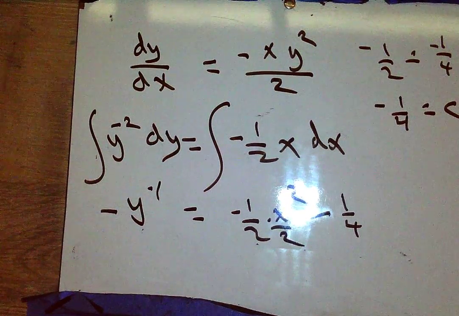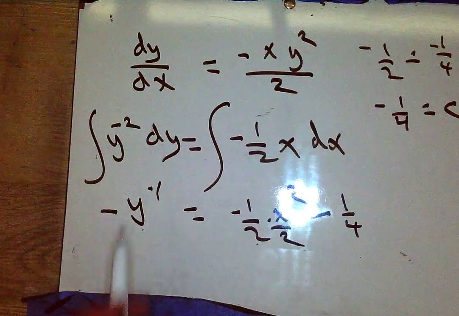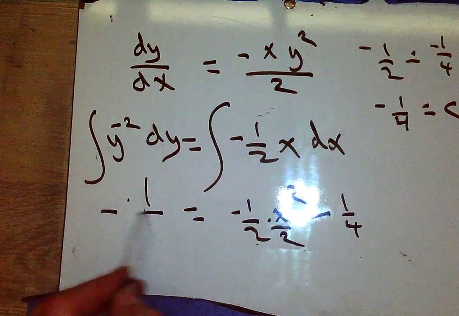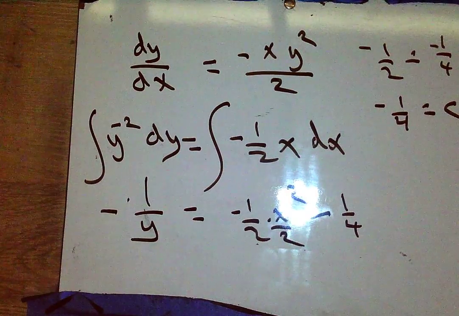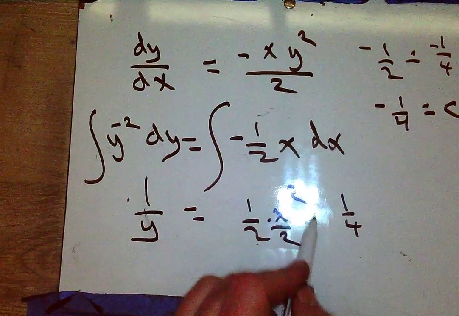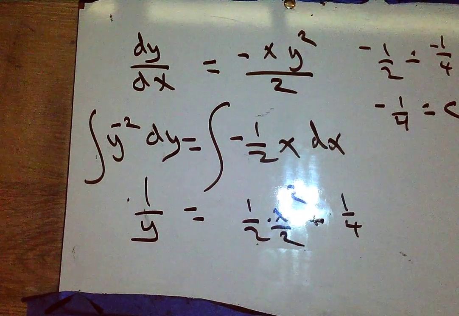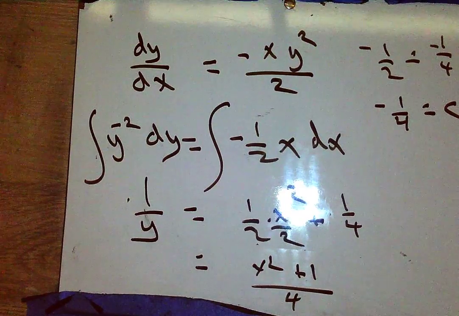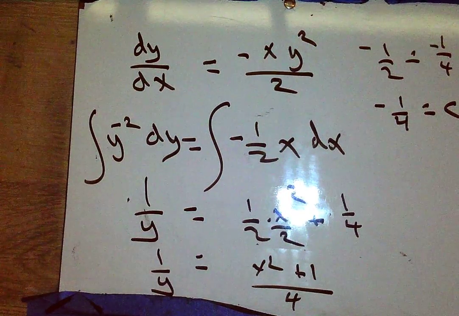But you see, the equation isn't solved for y equals yet. Right now we've just got this. If I multiply everywhere by negative, it's going to be x squared plus 1 over 4 over y.